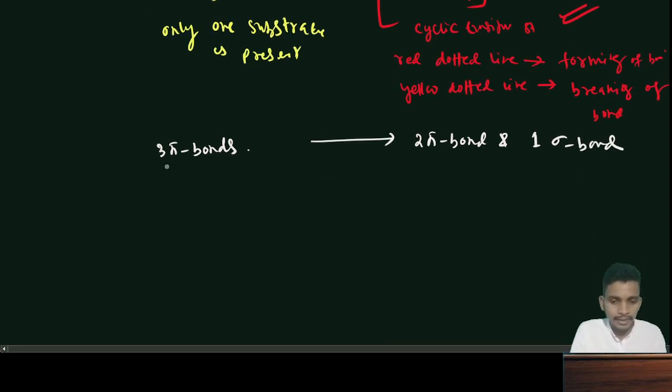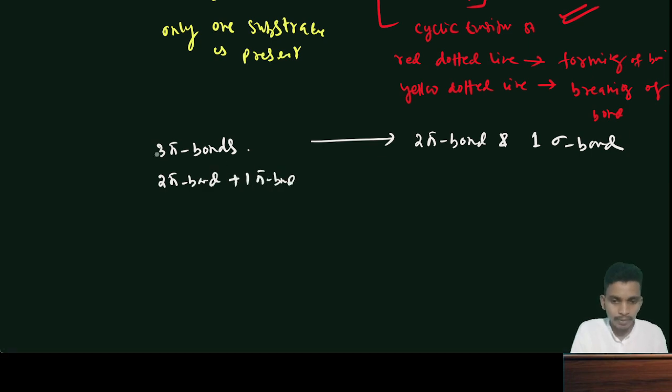It means that 3 pi bonds is 2 pi plus 1 pi, and that is going to form 2 pi bonds and 1 sigma bond.